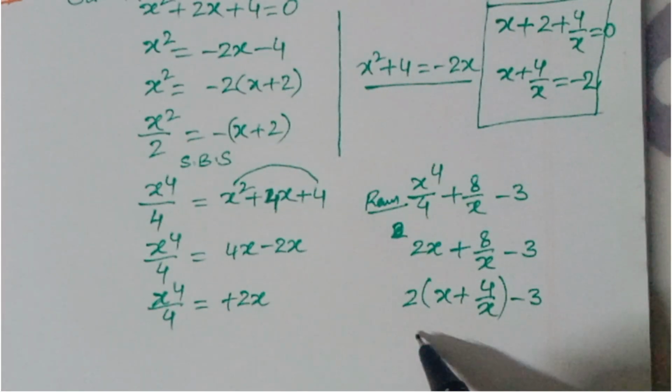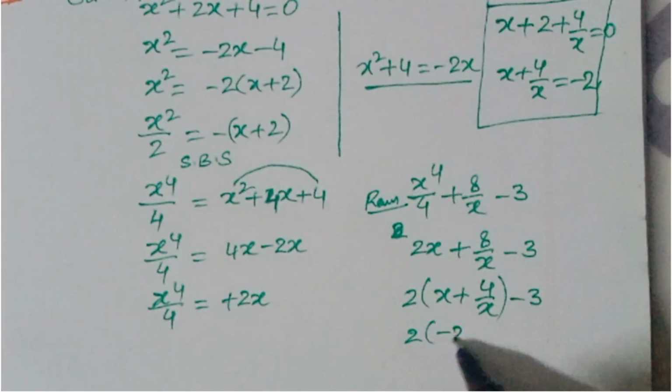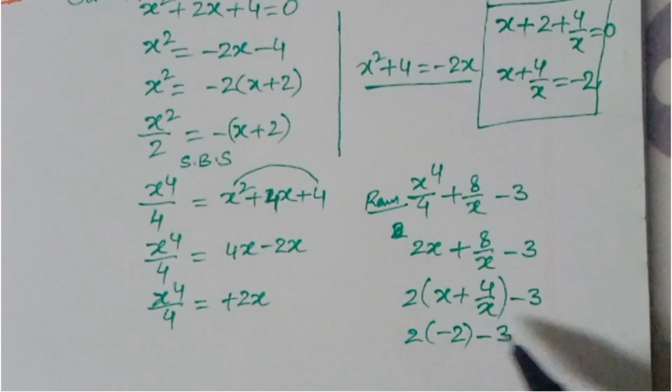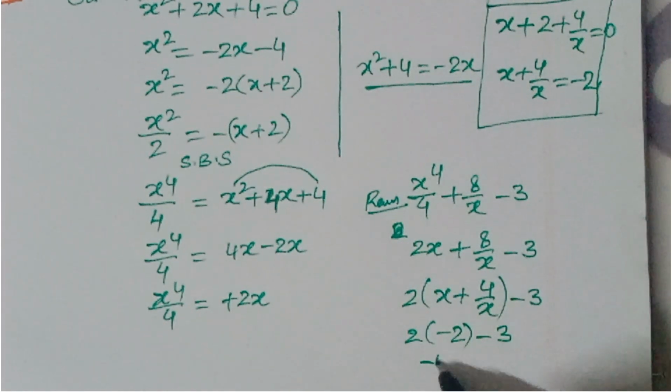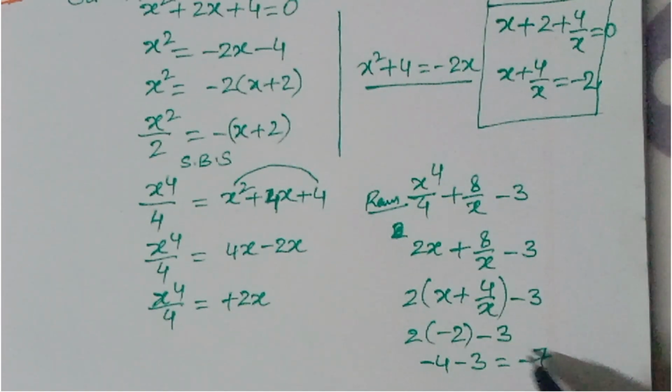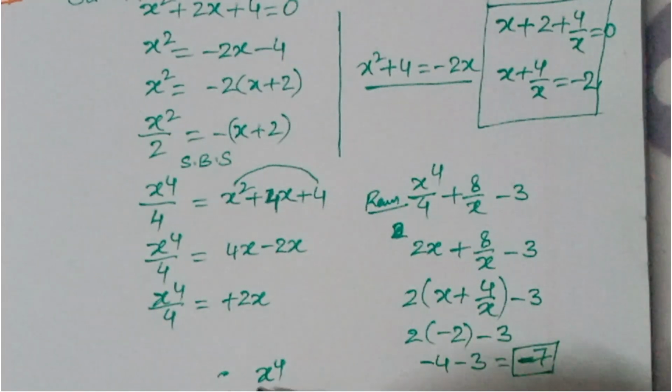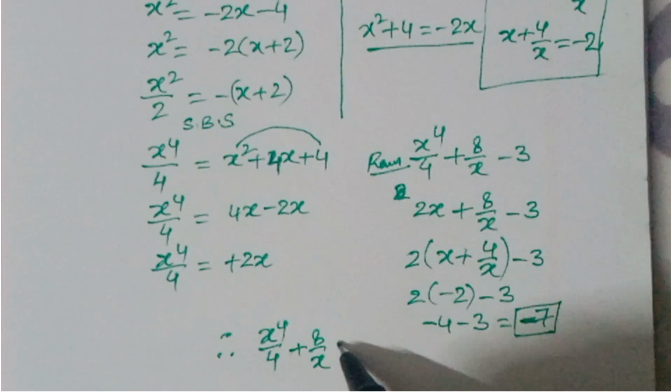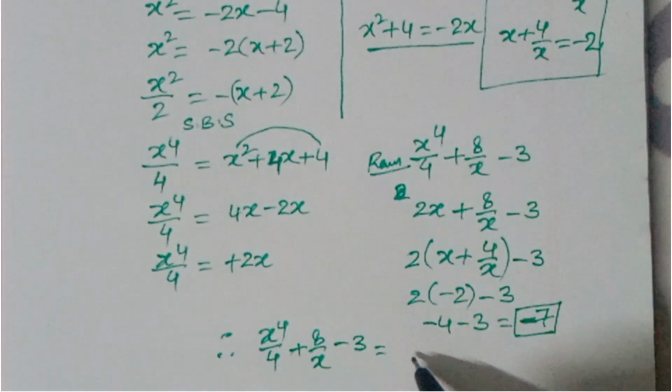That value you are substituting here: 2 into minus 2 minus 3, that is minus 4 minus 3, equal to minus 7. So this is one model. Therefore x power 4 by 4 plus 8 by x minus 3 is equal to minus 7.